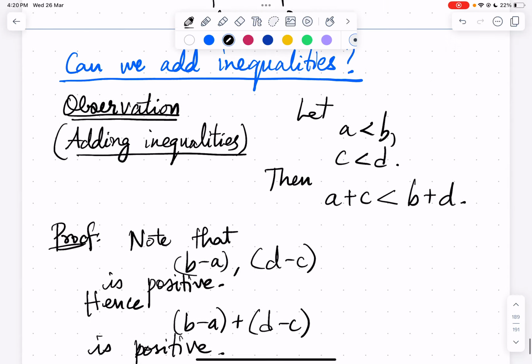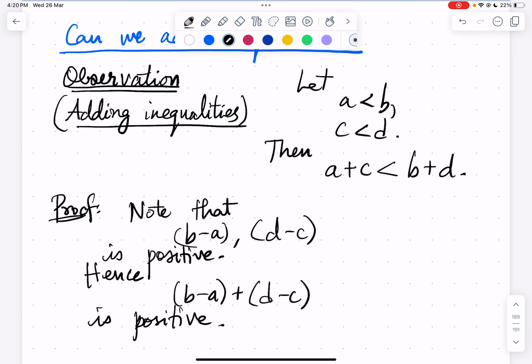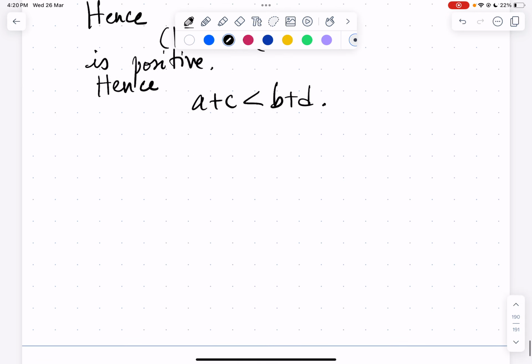So if we begin with A less than B and C less than D, we can conclude that A plus C is less than B plus D, right? So we can add inequalities. So we can ask another question: can we multiply inequalities?